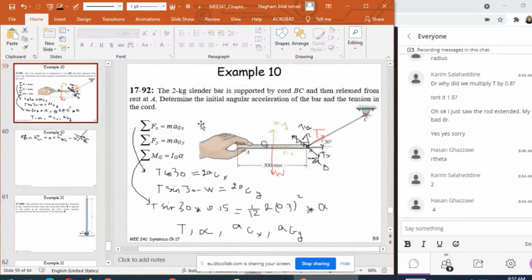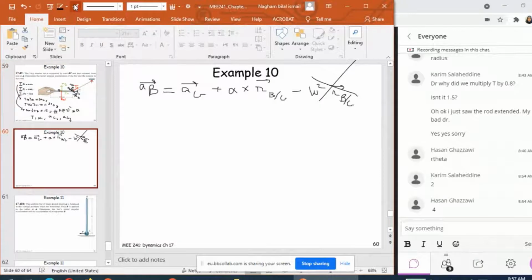So what is AB? I know that this is the direction of AB. It's perpendicular to BC. So AB is AB sine 30 I minus AB cosine 30 J, all right? Because in fact, the angle between AB and Y will also be 30, two perpendicular lines.